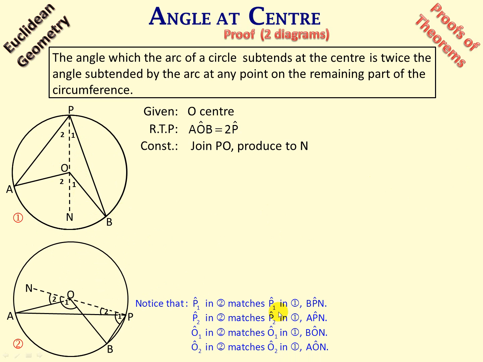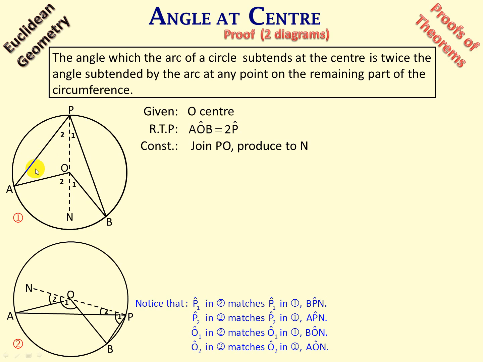You can read that here, but P1 is BPN. So therefore I have to say BPN, that whole angle there is P1. So that when we're talking about P1, we know that we're matching in both diagrams.